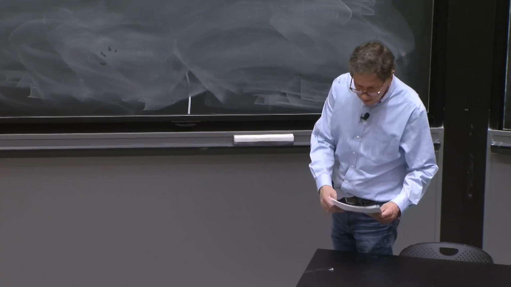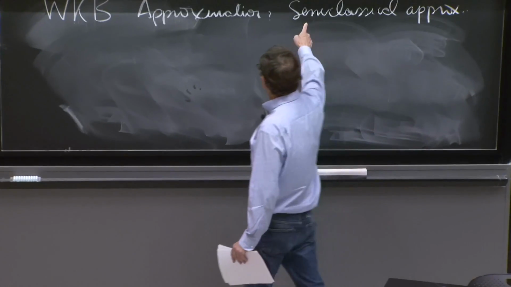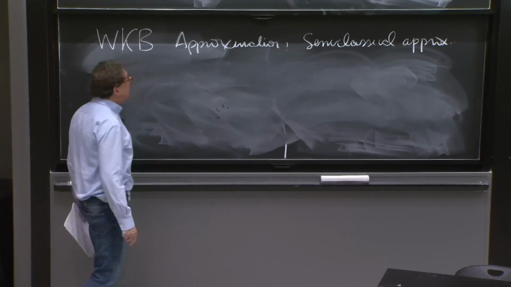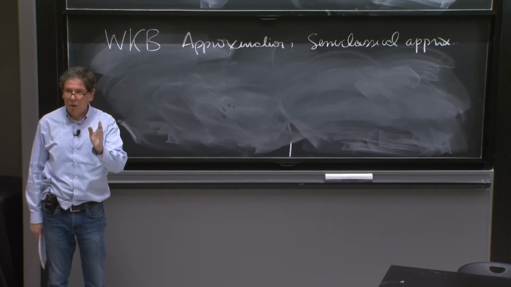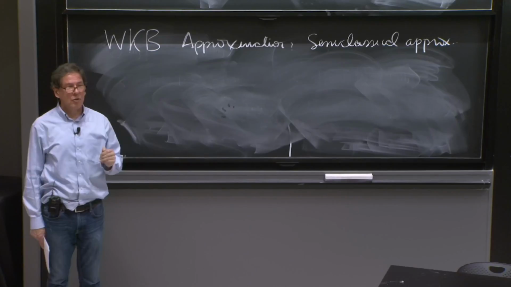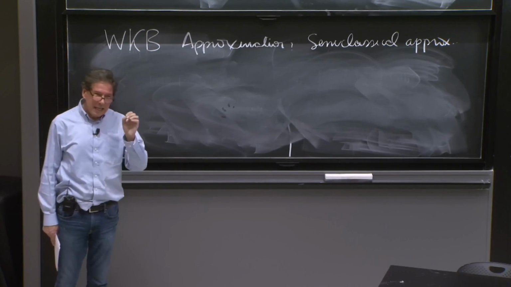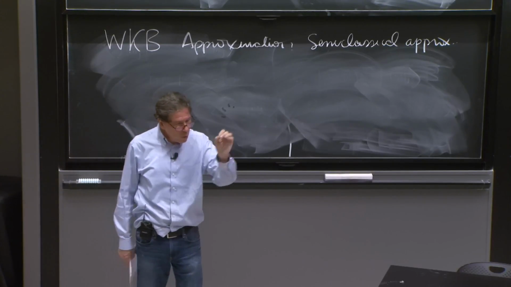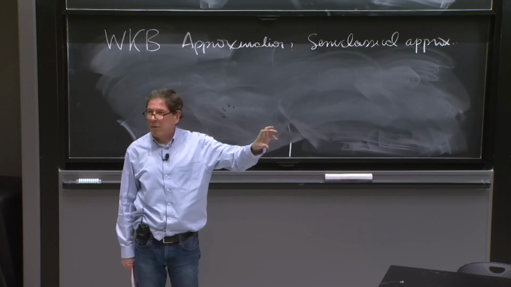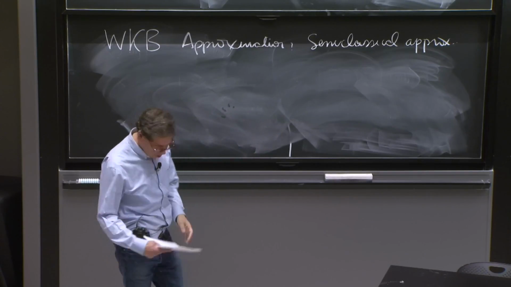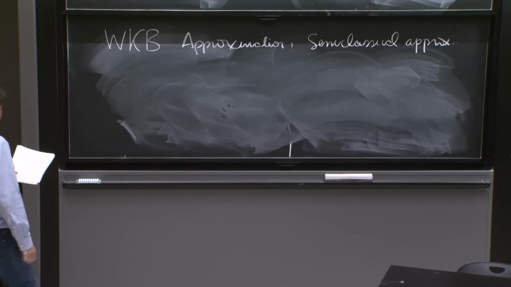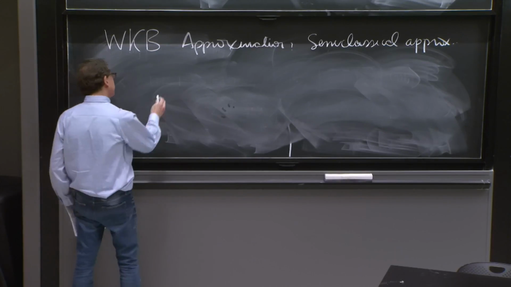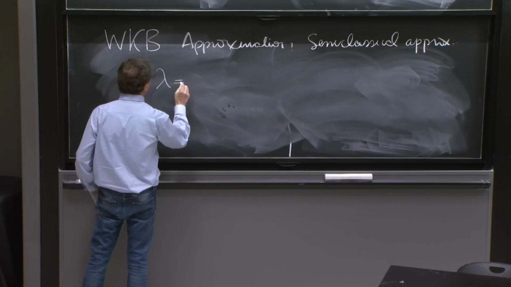So this is also called the semi-classical approximation, because classical physics gives you intuition about the quantum wave function. It is a lesson in which you want to learn something about the quantum wave function, and you learn it by using classical physics. A quantity that is relevant here is the de Broglie wavelength of a particle.